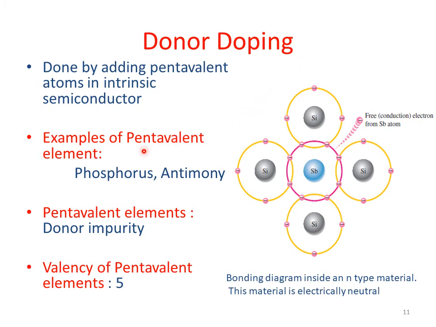Examples of pentavalent elements include phosphorus and antimony. Here I have given you the example of antimony, that whenever any antimony atom will be added in the semiconductor material, such a bonded structure will be created. Antimony has 5 electrons in the valence shell. Every silicon has 4 electrons in the valence shell.